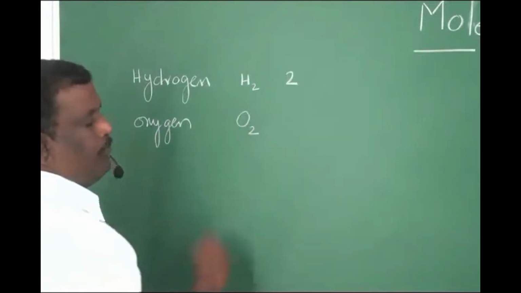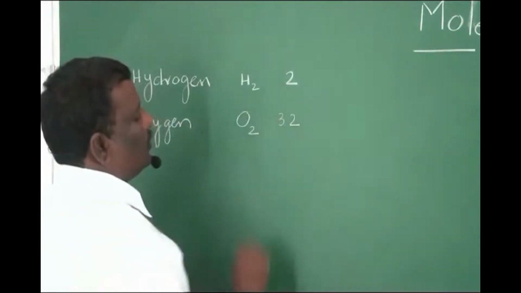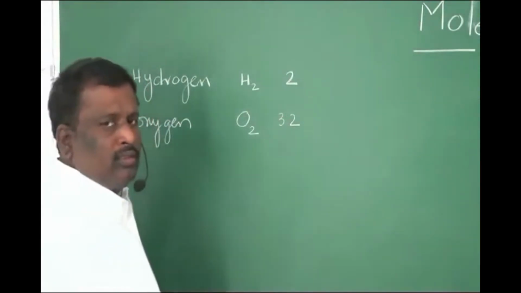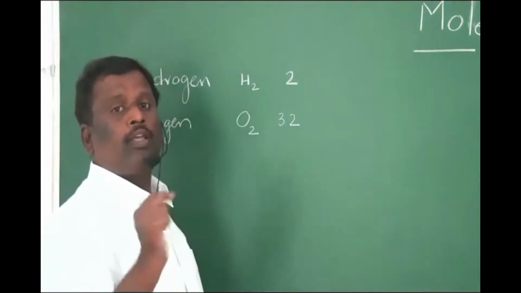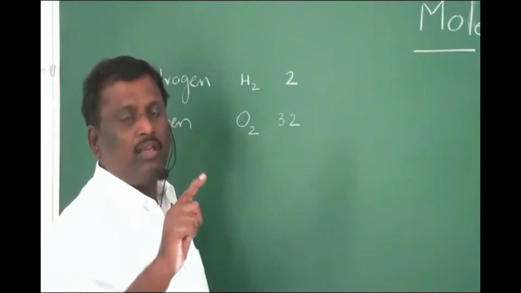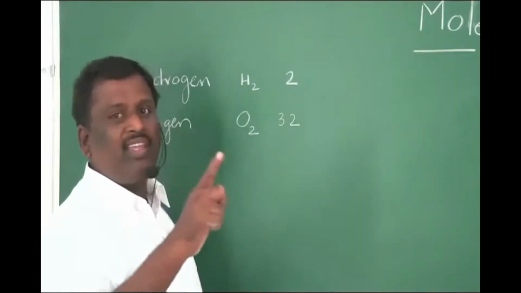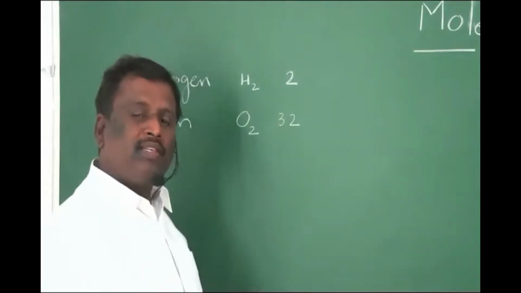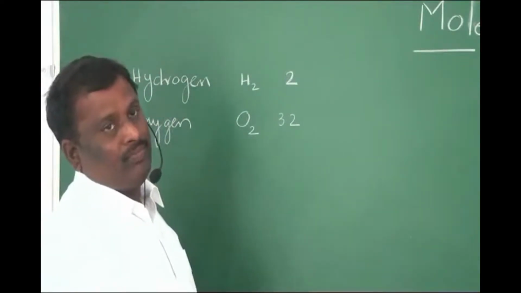O2, its molecular weight is said to be 32. This 32 indicates that the O2 molecule is 32 times heavier than 1/12 of C12 isotope or 1 AMU, which is a basic unit for molecular weight.